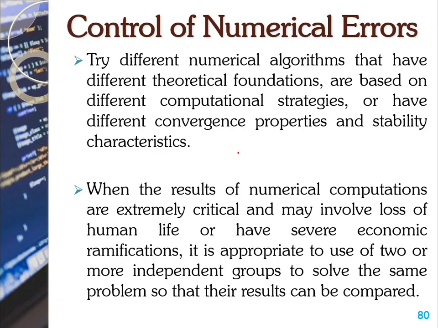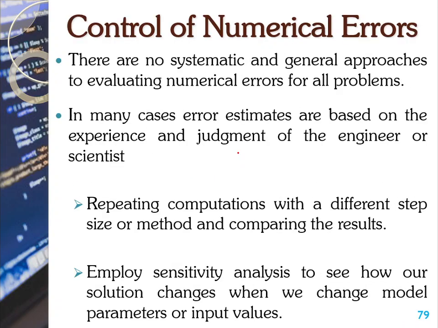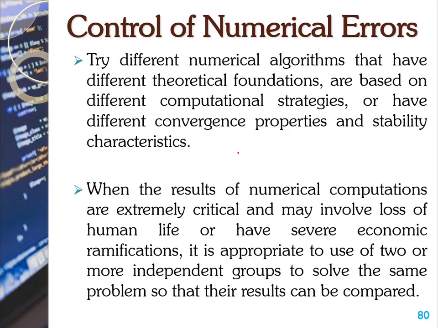So in our attempt to decrease one side of the error, we end up increasing the other part of the error. So there's always the need for us to find a balance between these two errors. And finally, we talked about how to control some of these numerical errors by trying different schemes, performing sensitivity analysis, adjusting some of the parameters to see the effect on the final result, and selecting the best one. Okay, so this is basically the gist of errors.